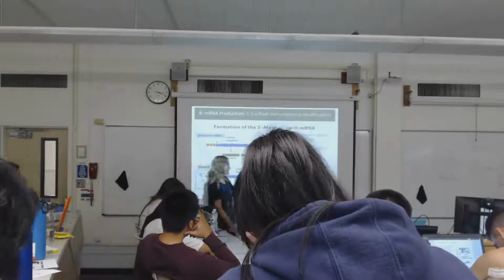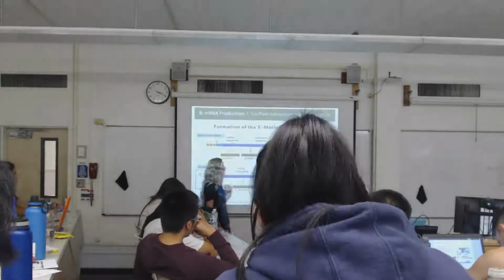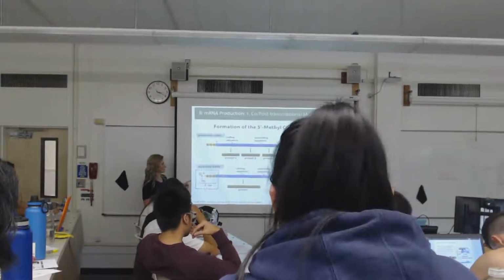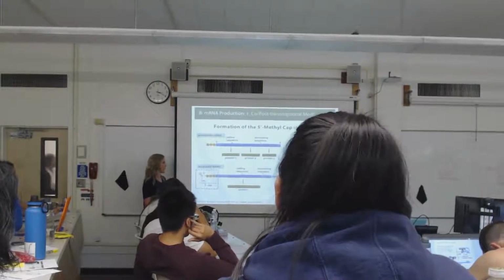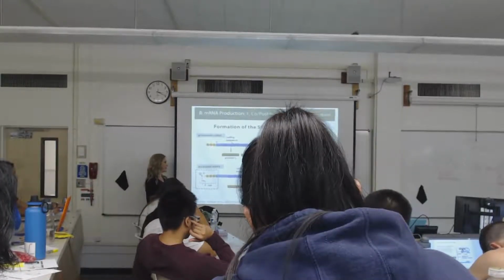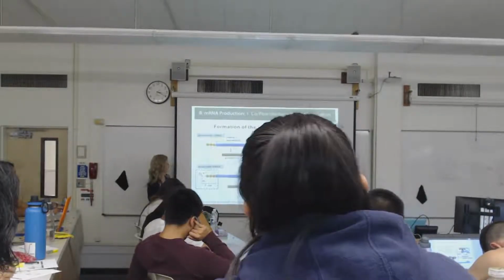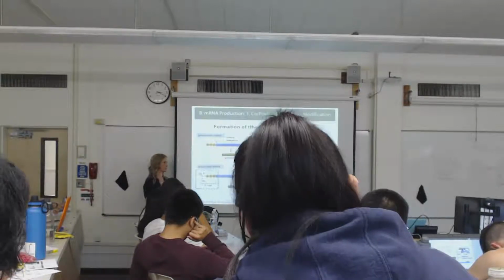So it is a modified guanosine that has a methyl group on the nitrogen at position 7, hence the name 7-methylguanosine cap. I'm not going to ask you to tell me that on the test. But I know I have some biochemists in the room, and they might appreciate that information.